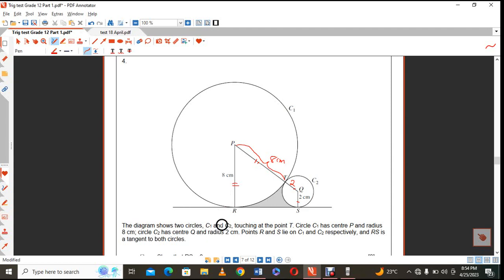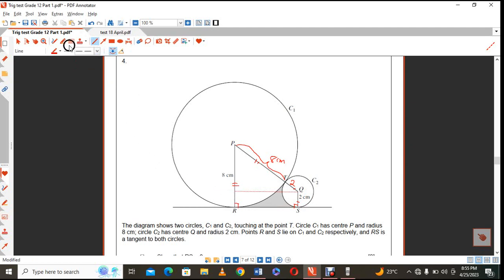Then they're saying points R and S lie on circle 1 and circle 2 respectively, and RS is a tangent to both circles. So it means the angle that is formed here is 90 degrees. And if that is the case, then this whole one from here up to there will be the same distance, of RS.